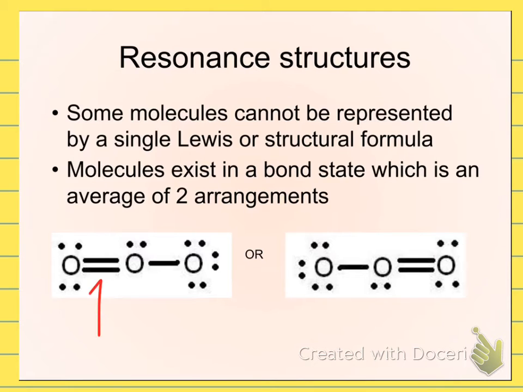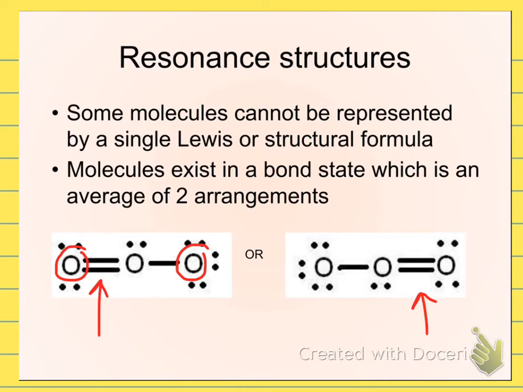We don't actually know if the double bond is here or here at any given moment. We don't know if this oxygen is carrying 2 unshared pairs and this one carrying 3, or vice versa. What chemists have found in more recent years is that it's not an either-or situation. The entire electron density kind of gets shared out, so the molecule exists, well, sort of in this weird middle.